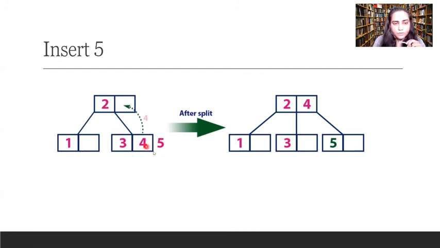A B tree, first and foremost, tries to fill the levels that are available, and only when those levels are full, only then the B tree will create another level. And right now, the level above is not full. So 4 is going to go up there, and 3 and 5 will be attached to the left and right of 4 right here. So 3 to the left of 4 and 5 to the right side of 4.